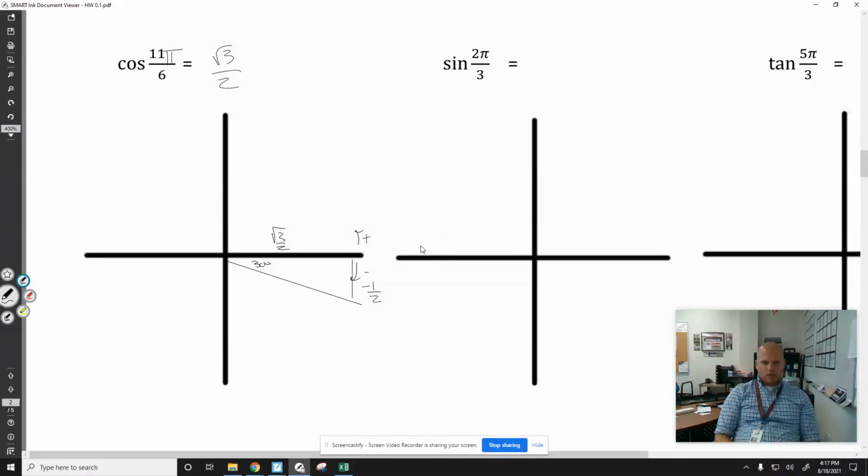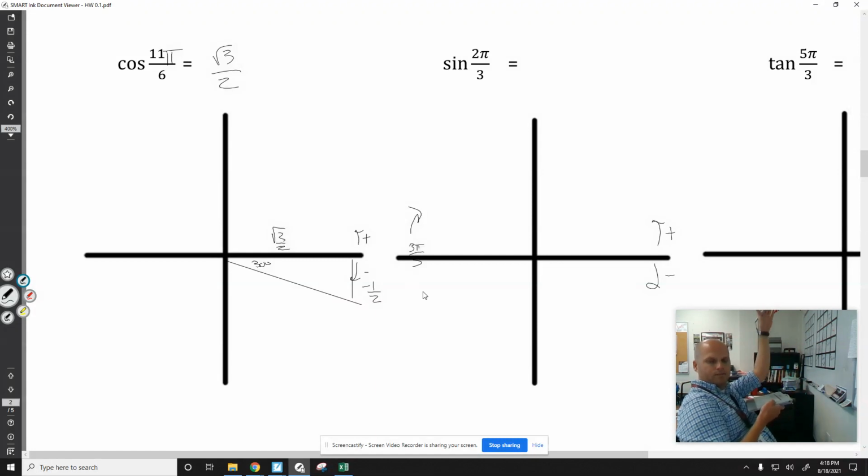2 pi over 3, I can go to 3 pi over 3. I can subtract, always clockwise, adding, counterclockwise. Start at 0. Remember, like looking at 0, looking up is like adding an angle. Looking down into the ground, up into the sky is adding, down in the ground subtracting.